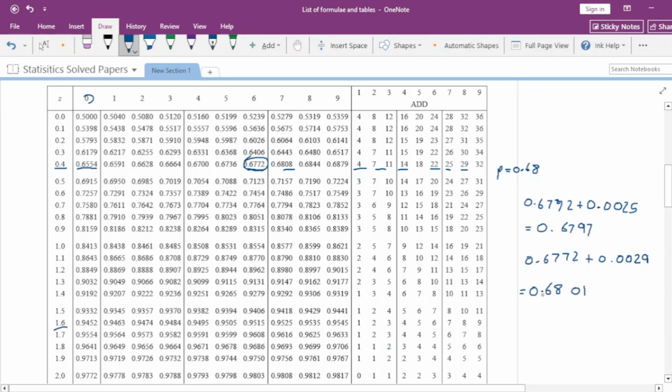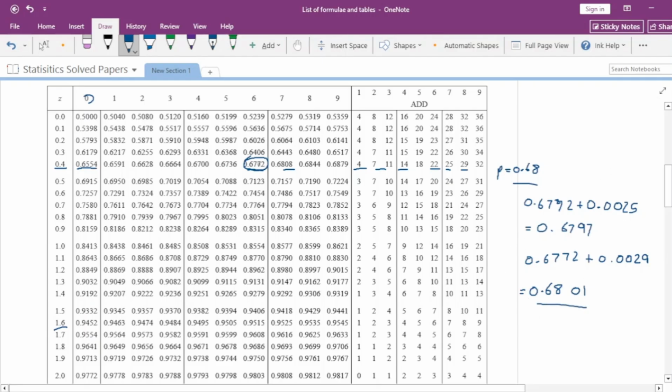This value is much closer to 0.68. If we check the last value, 0.6797, it is approximately 3 digits away from our value of 0.68, while this value is just one extra decimal value away from the 0.68 we're looking for. So this one is much closer, and we're going to use this value.